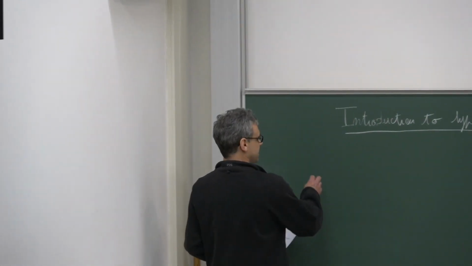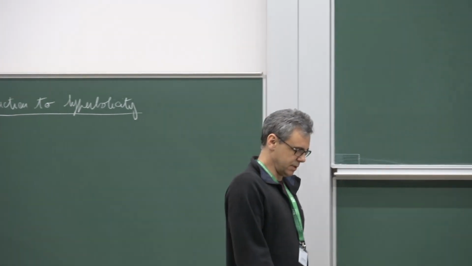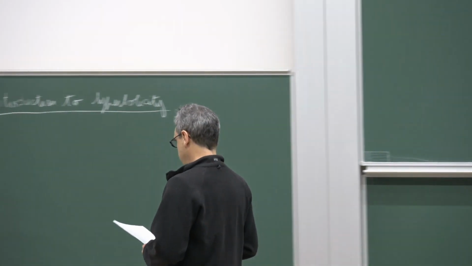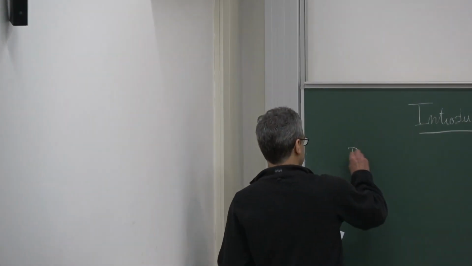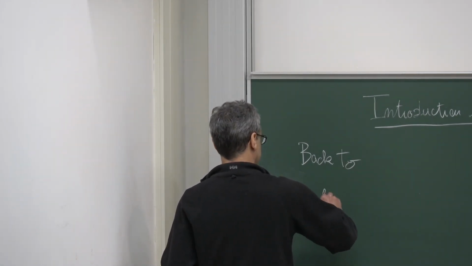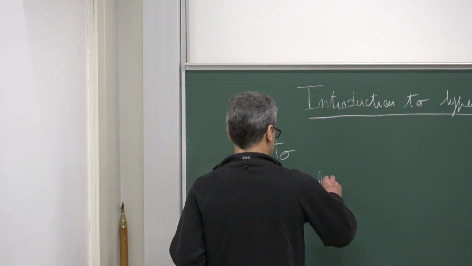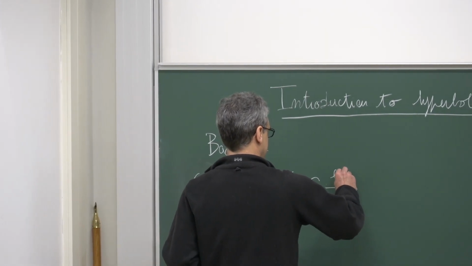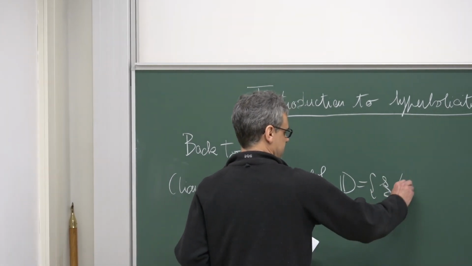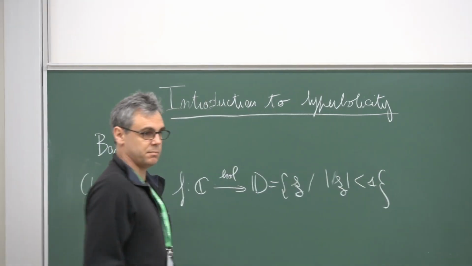So to start, if you look in the history when people studied questions related to what we call hyperbolicity in complex geometry, you can probably go back to a classical statement of Liouville, which states that if you take a holomorphic function from C to the disk, then such a map is constant.